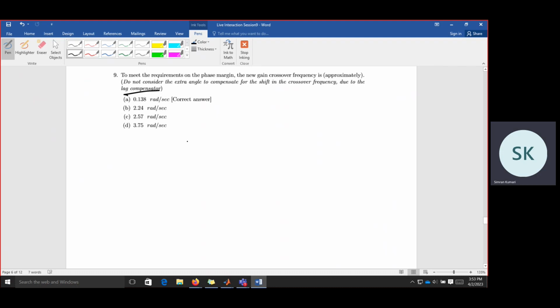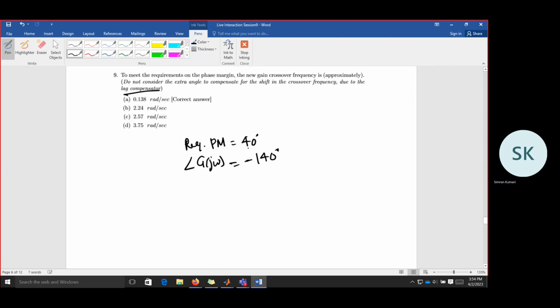So what is the required phase margin? It is 40 degree. That means what is the angle that should be contributed by this plant? That should be minus 140 degree, because this will be minus 180 plus 40 equal to minus 140 degree.